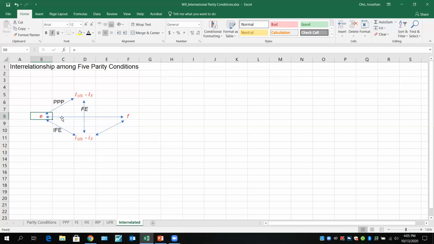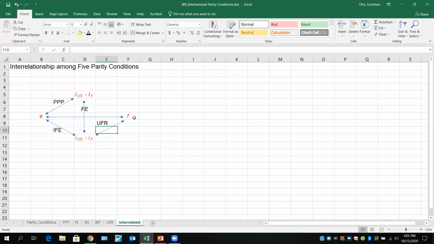E and F. This one is UFR. Remember that? UFR. All right, 1, 2, 3, 4. And then, which one is left? Interest rate parity.